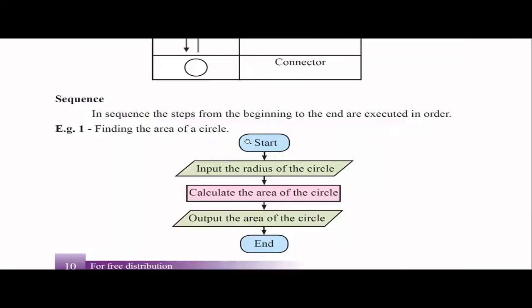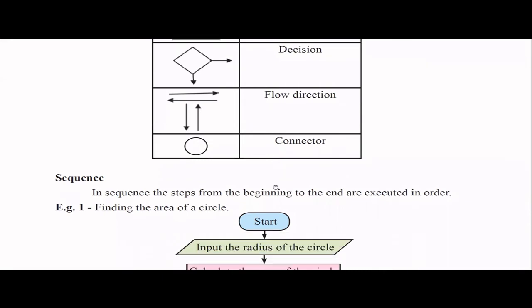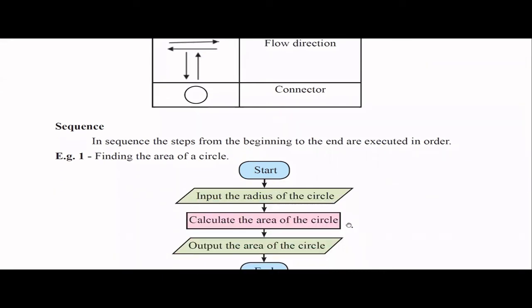So you have start and end. It's a must for an algorithm to have them. In the flowchart, you have start and end. Then you take the input, the radius of the circle. It may be 7, 14, 21, or 40. We don't know, so you have to get the radius. The rectangle here is for the process, where you calculate the area of the circle.